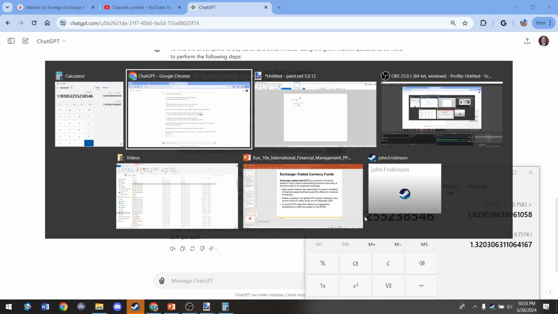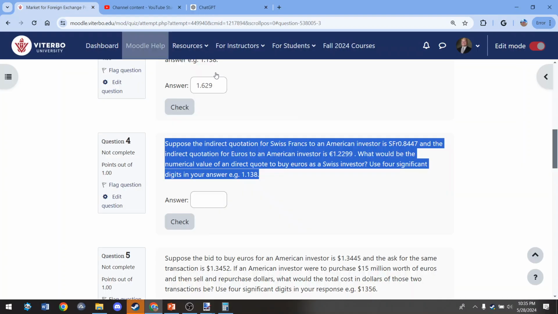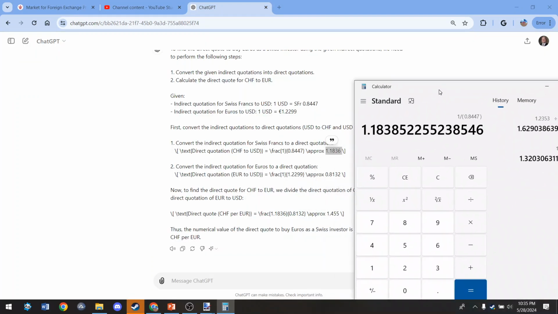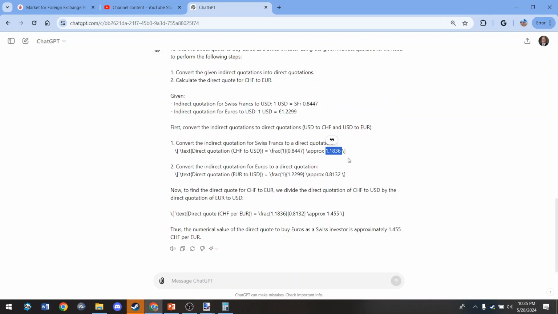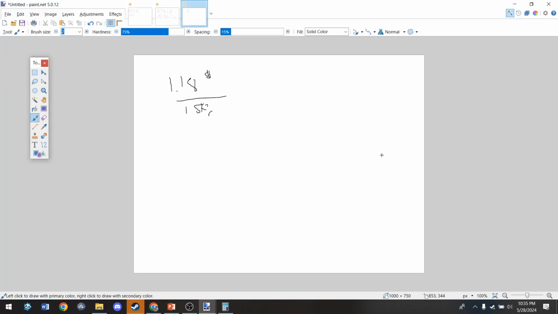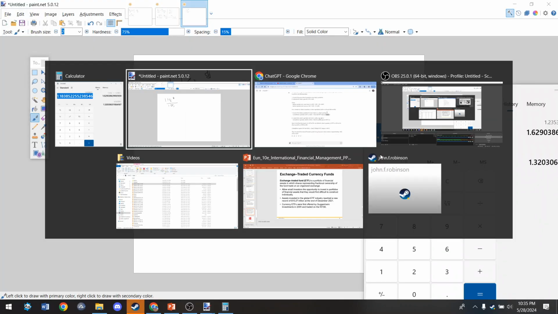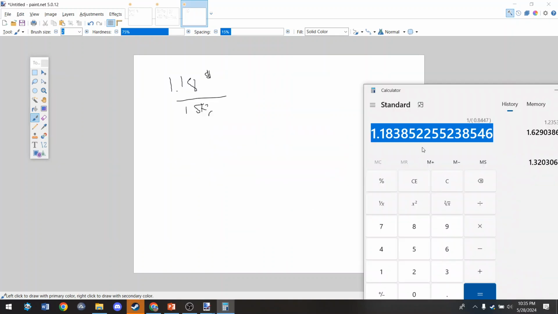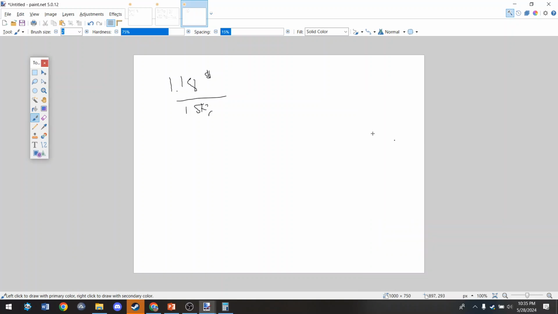This is a little off. 1.1838, 1.1836. So you want to use the real number. Even a simple division problem, it can go off the rails and not quite get it. The 1.1839 is actually what is here.